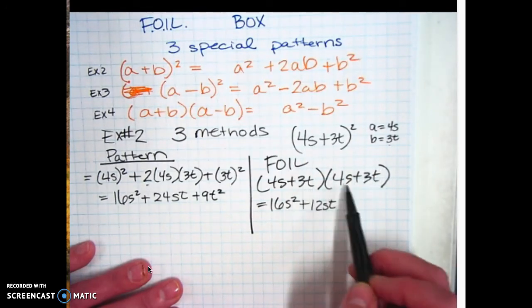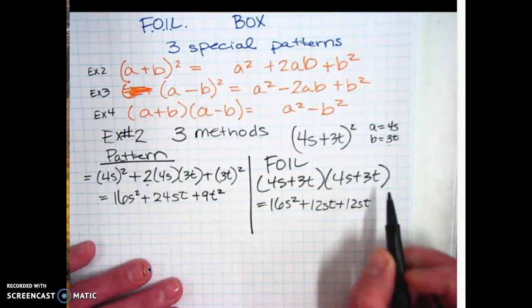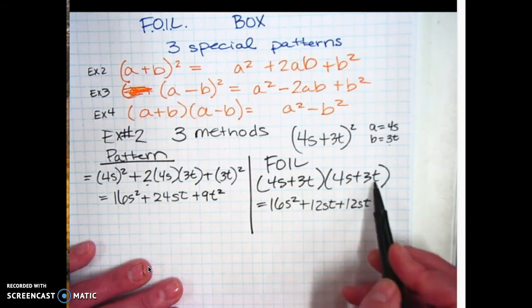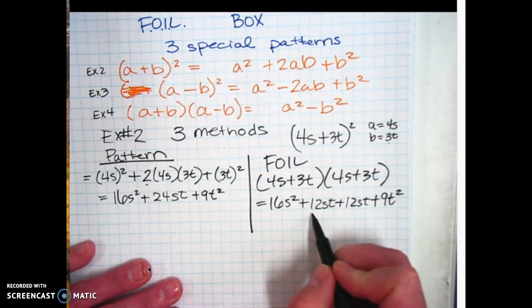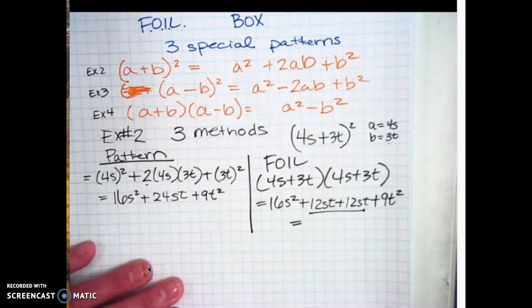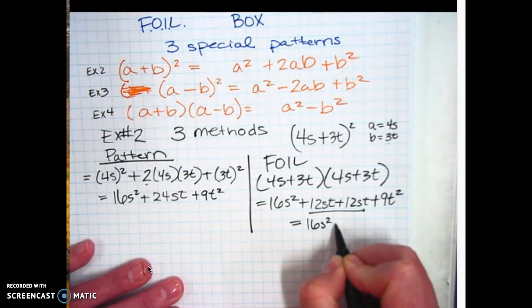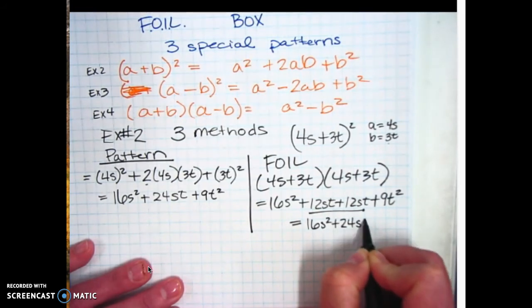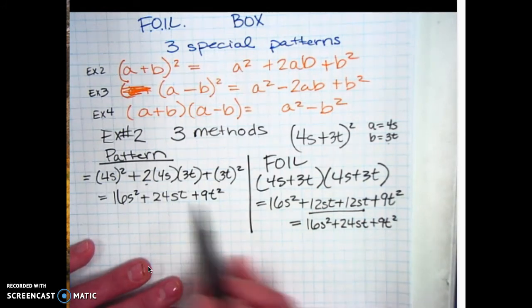Inside, the two closest to each other ends up with another 12st. L is for last, so the 3t times the 3t, which is 9t squared. These two are like terms and they combine. And that usually happens almost every time you FOIL. Okay? So you end up with 16s squared plus 24st plus 9t squared. So same answer.